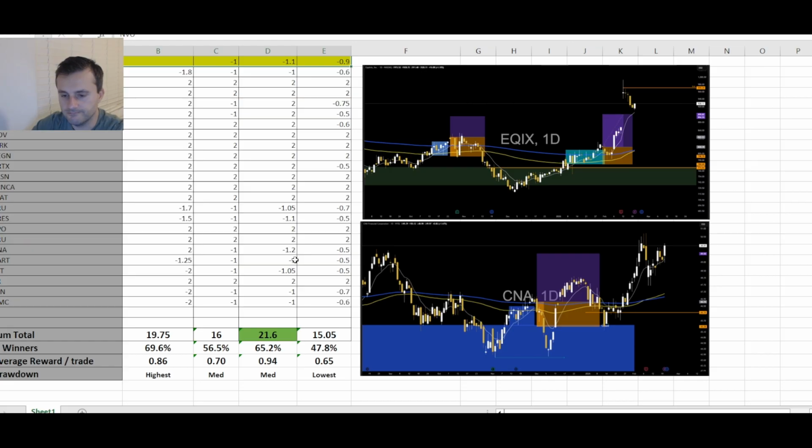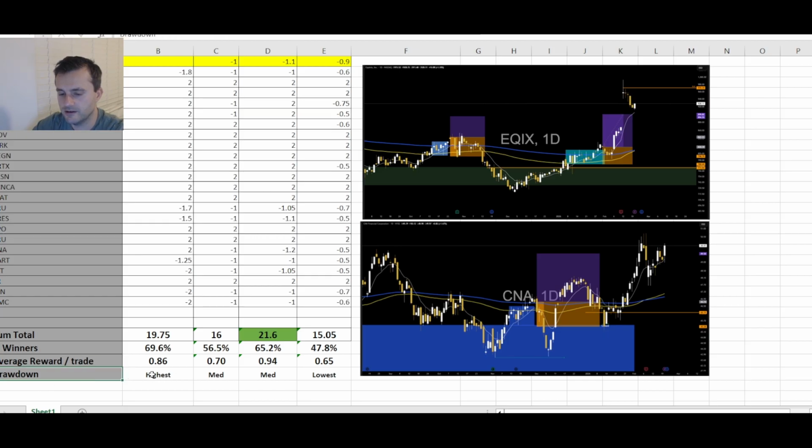Now, don't worry about every single row and what each means. I want you to simply glance at the bottom over here. We have the sum total of R, for reward gained, for these 4 different methodologies or ways of managing the stop loss, the percent winners row, the average reward per trade, and then the drawdown.